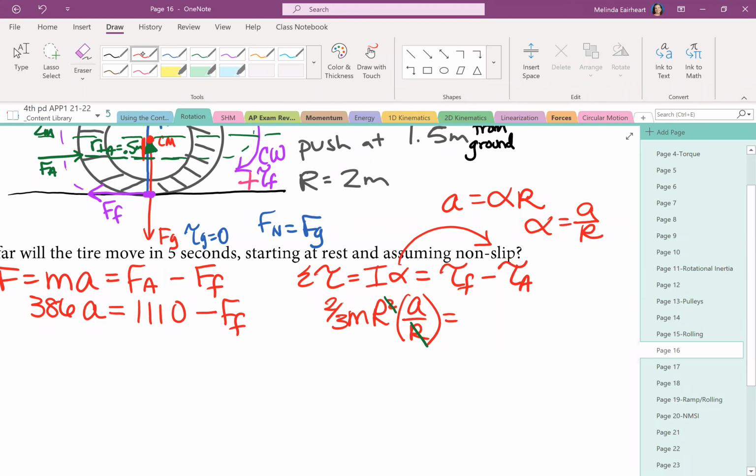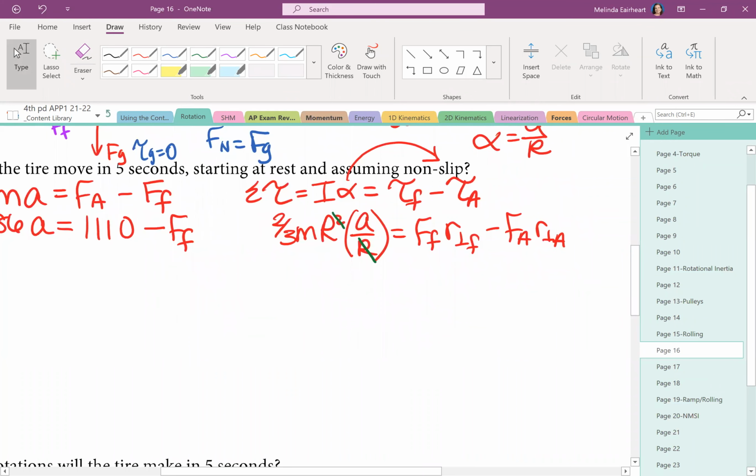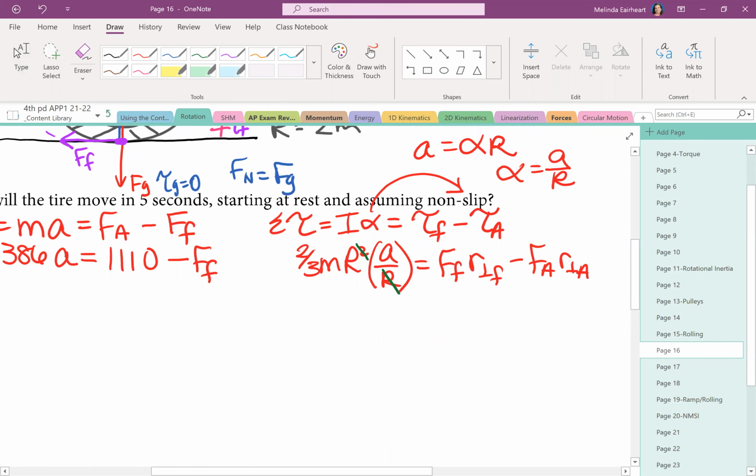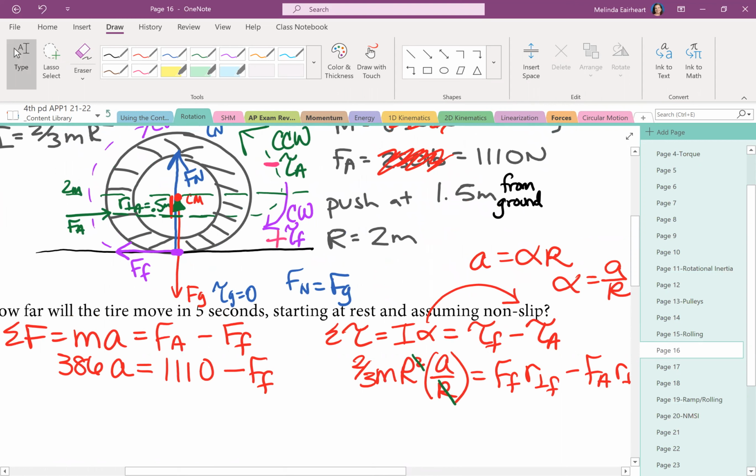And then torque of friction is the force of friction, which we don't know, times the lever arm of friction, minus the applied force times its lever arm. And so now, notice, does R cancel out like we did previously? Well, let's look at the lever arms. What's the lever arm for the frictional force?